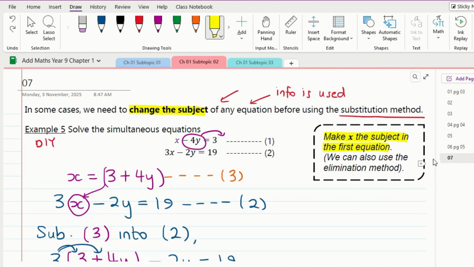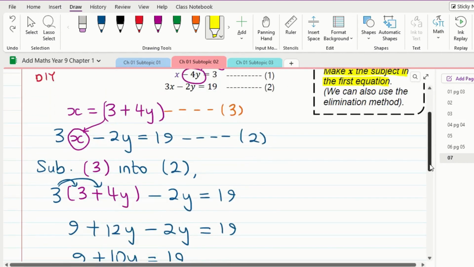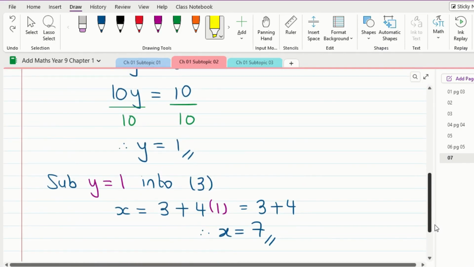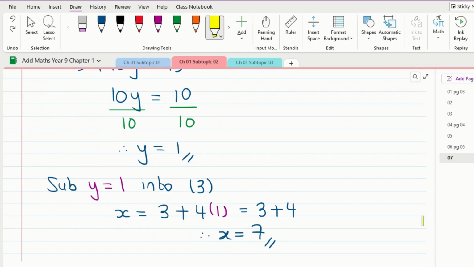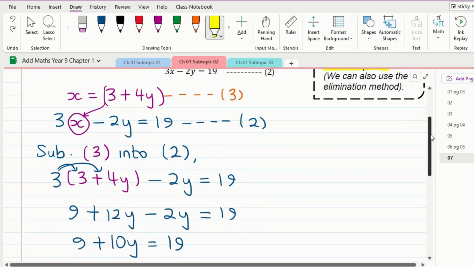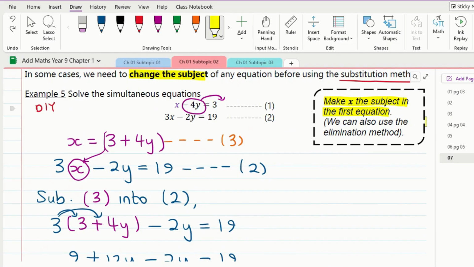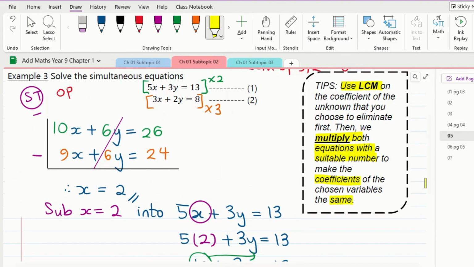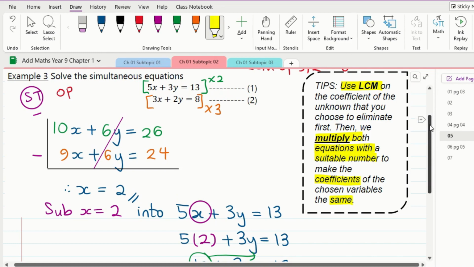Also, since a simultaneous equation has two solutions, x and y, you can always check by substituting the values of x and y into either equation. You may check it here, maybe in the second equation, or in this example, maybe x equals 2, y equals 1 into the second equation. And if you have a match, that means you did the method and found the solution correctly.